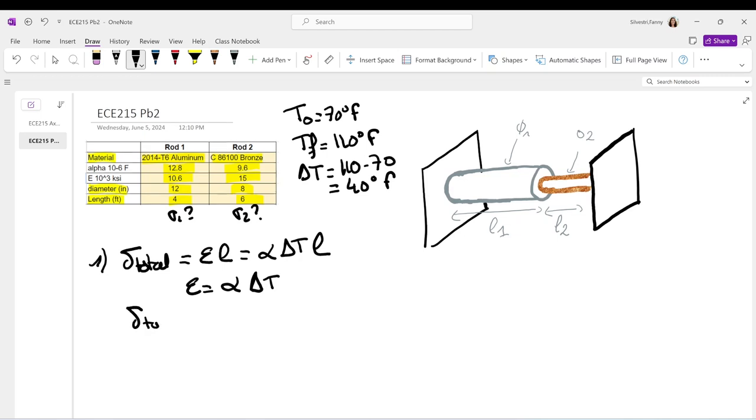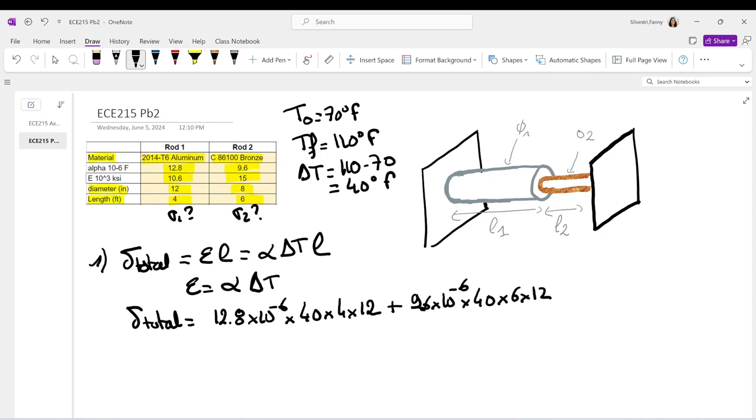So the delta total equals alpha, 12.8 for the first one, aluminium, times 10 to the minus 6, times the delta T, which is 40, times the length, which is 4, but we need it in inches, so times 12, plus the second delta: alpha 9.6 times 10 to the minus 6, times delta T, 40, times 6 times 12 to get inches.